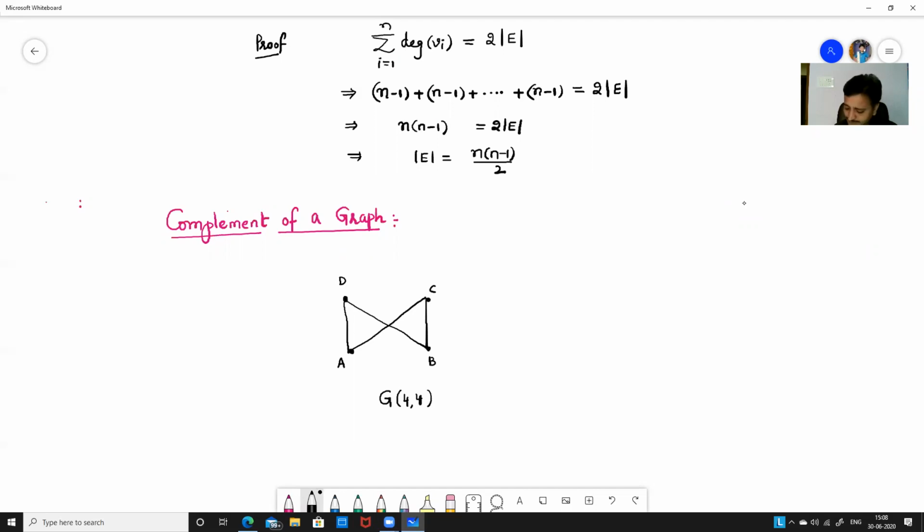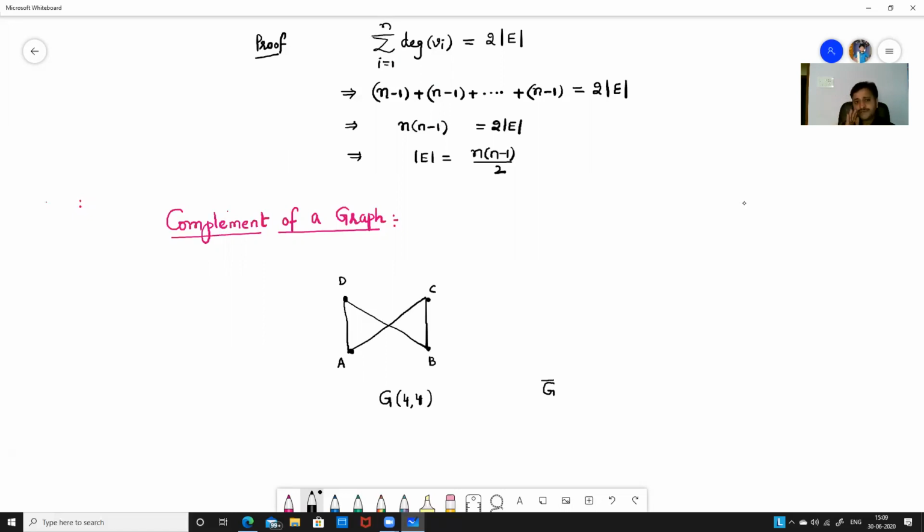For this graph, if you want to draw the complement, the complement of a given graph is just a graph with the same number of vertices.